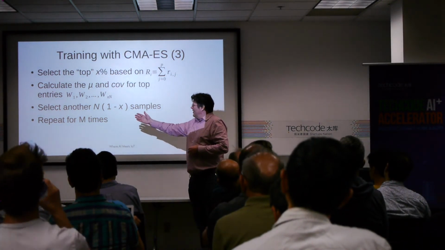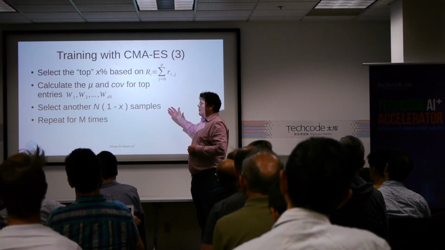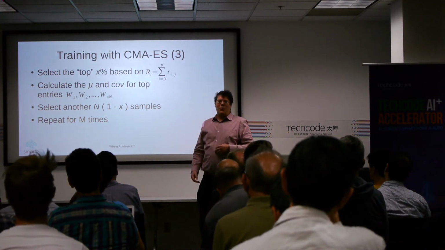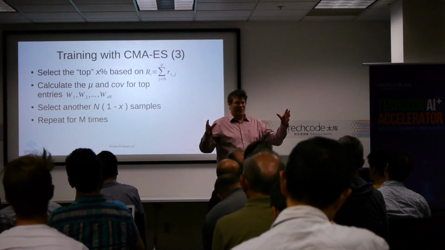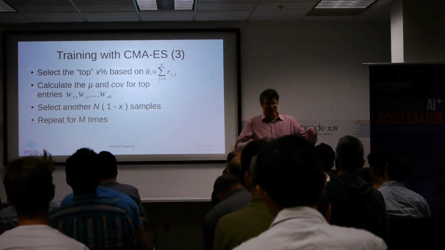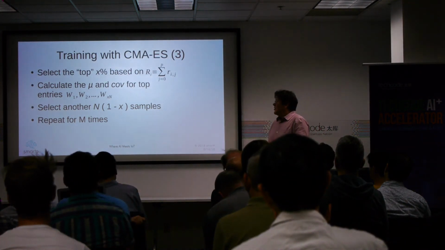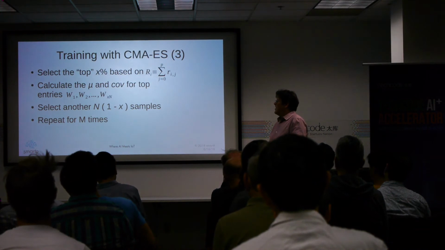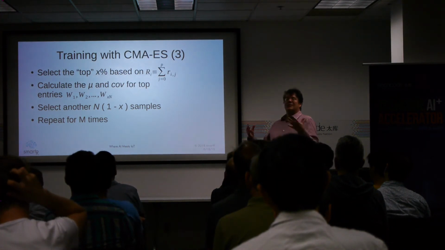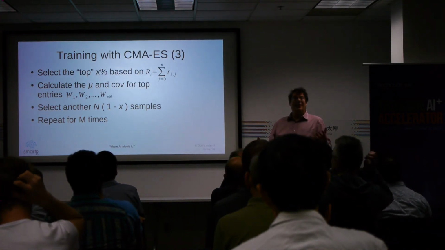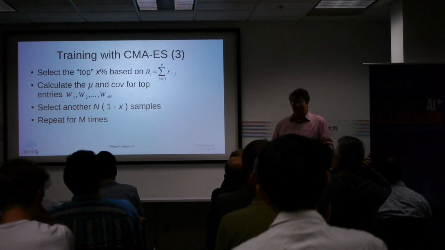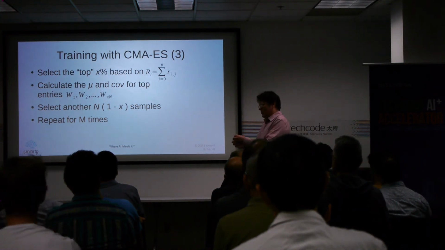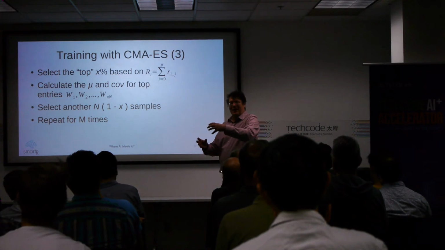And then you use that to sample another set of random weights. Let's say you start off with 300, you took the top 30, you updated your mean and covariance matrix, and then you select another 270 sets of random weights based on that mean and covariance matrix, and you try it out again. And that's when you saw the dots starting to expand out, right?